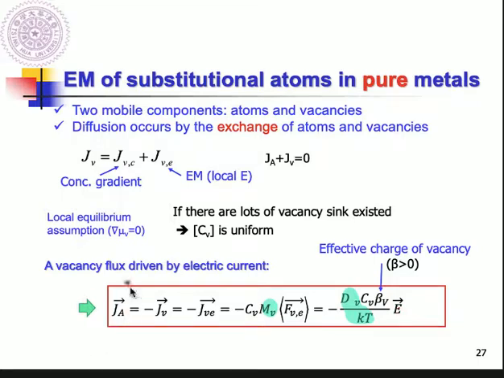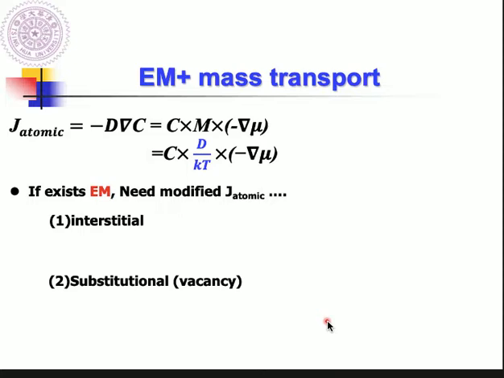So you can expect the atoms to be pushed in the opposite direction of the electrical field. It's a minus E, the opposite direction of the electrical field, and it will be the same direction as the electron flow. Okay.